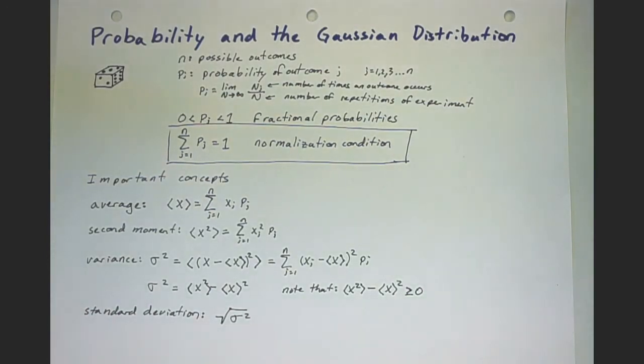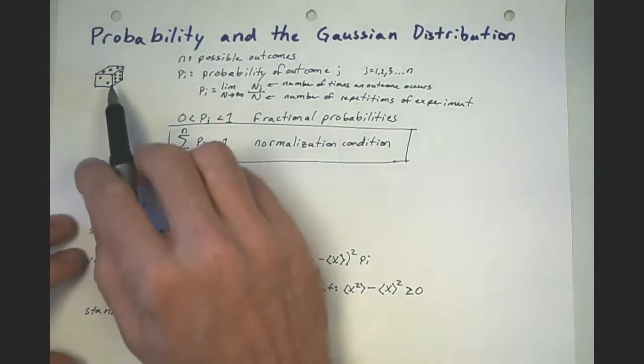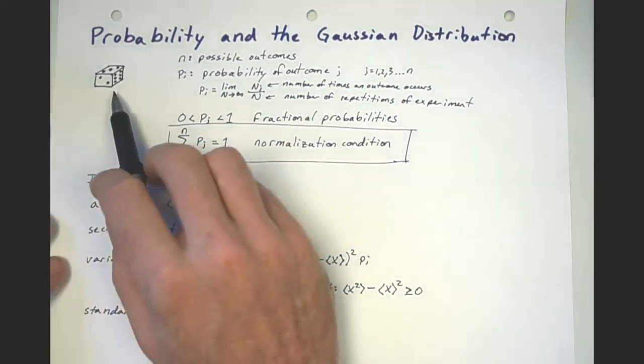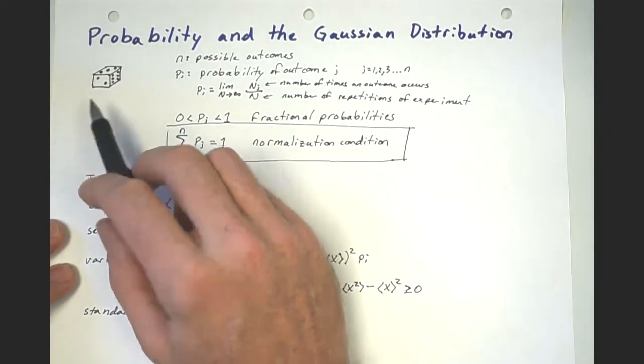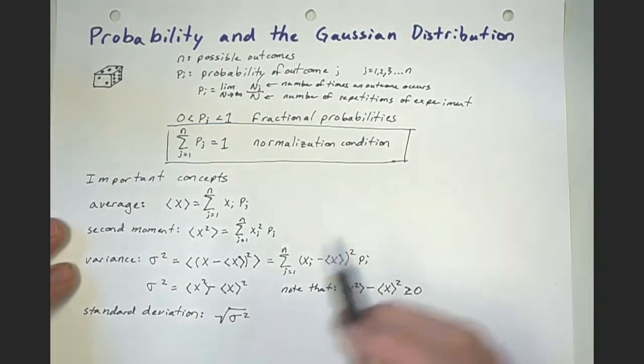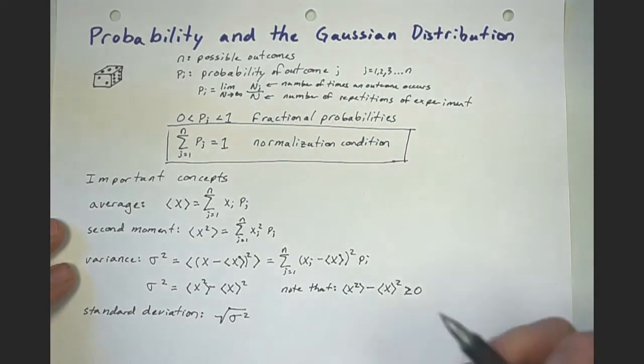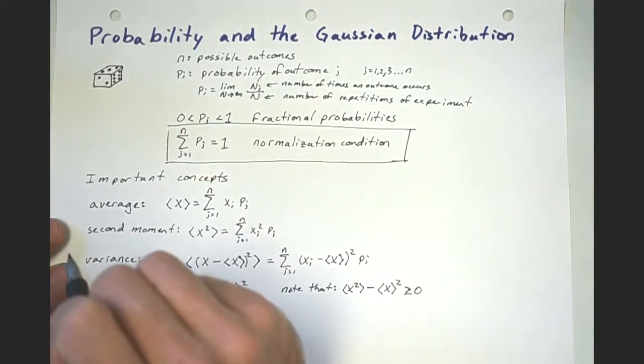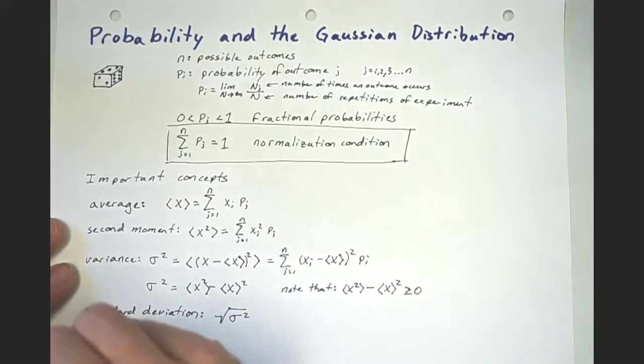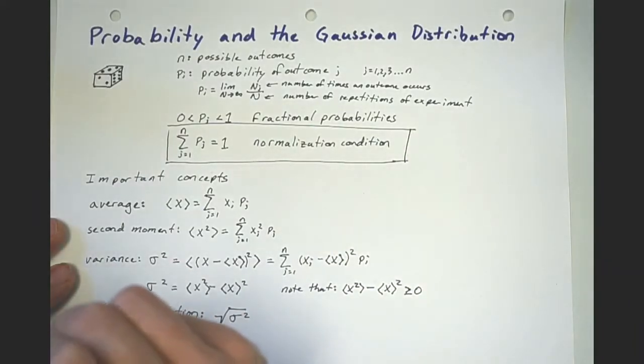So if we start out thinking about basic probability, we can think about a simple die. We've got a six-sided die here. This die, like any probable event, has n possible outcomes. So for a six-sided die, we have 6 possible outcomes.